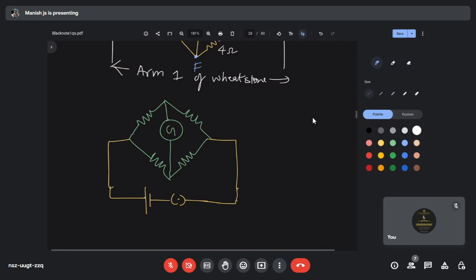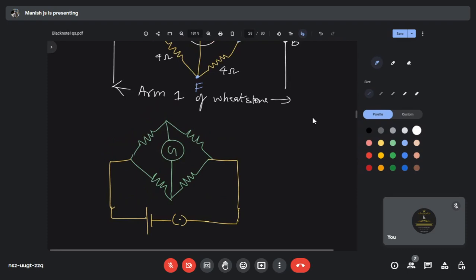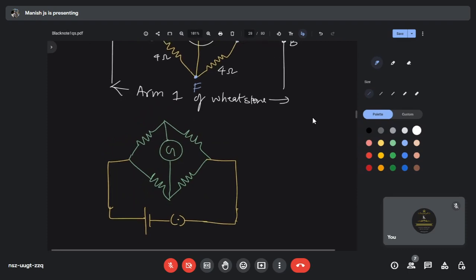If it deflects towards the right, it indicates current is moving towards the right. So the galvanometer confirms the presence of current in the circuit and the direction it is moving. It is basically a detection device. Okay, so that is what your galvanometer is all about.